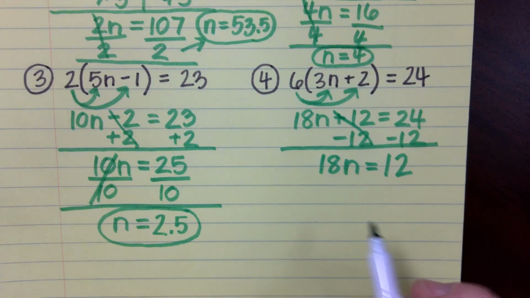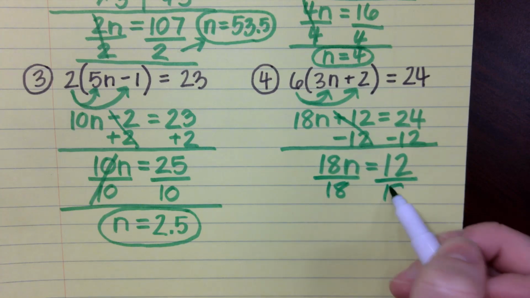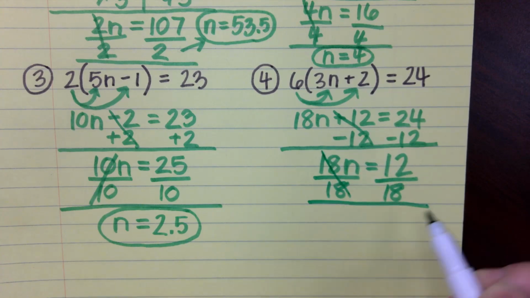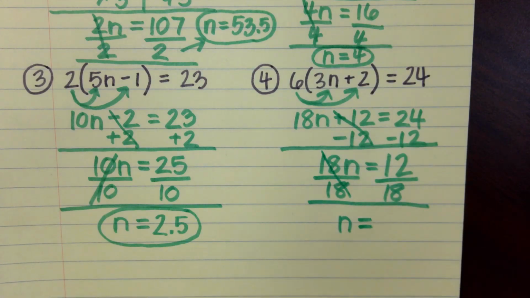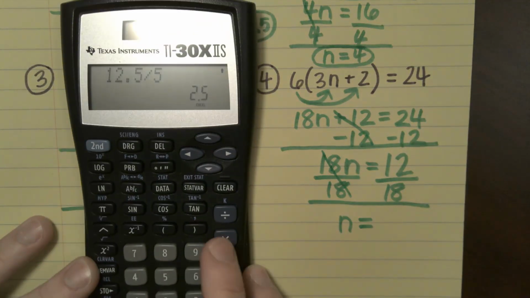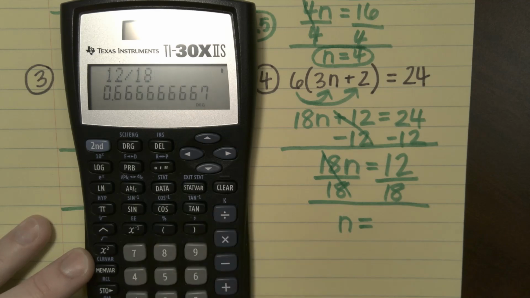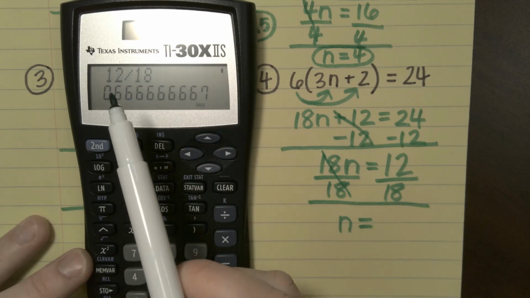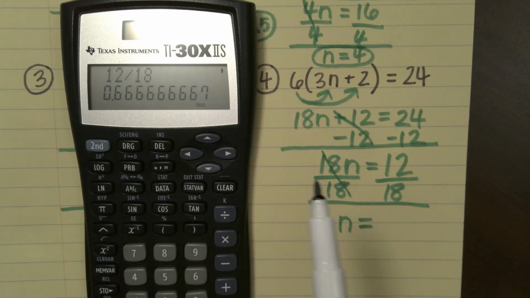Yeah, we're going to divide by 18 on both sides. And that's going to leave us with n is equal to, what's 12 divided by 18? It was 0 point a lot of 6s, then a 7 at the end. Yep, so it's 0.6 repeating. Right. And they just rounded up the last 6 to a 7.